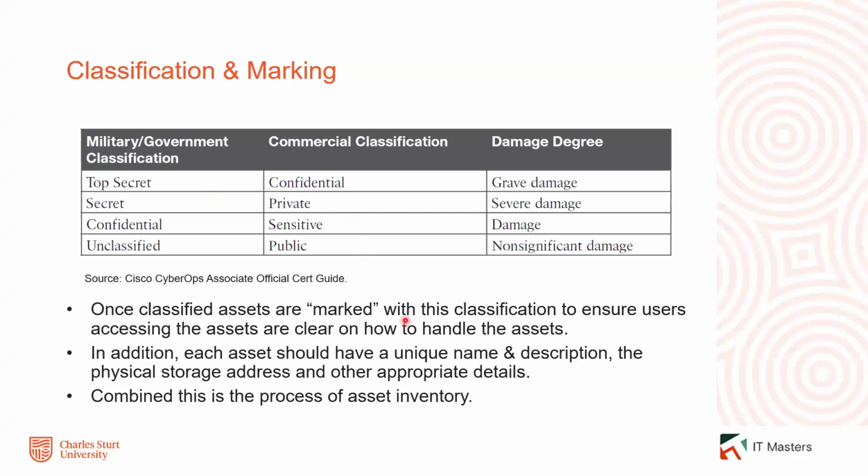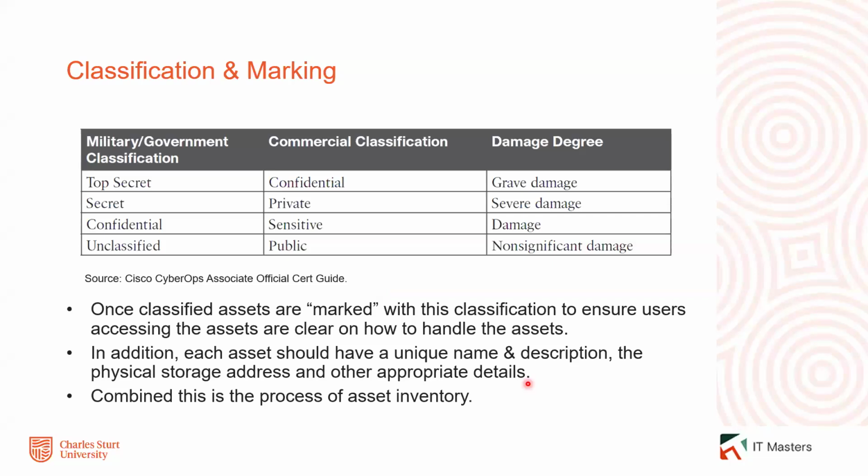In addition to this classification, it's obviously also important that each asset or object is uniquely identifiable through some sort of name, implementation, deployment, or description. So things like a physical storage address or other appropriate details, names might be useful as well.